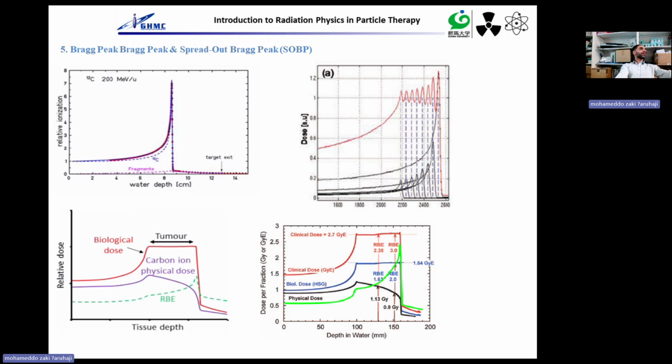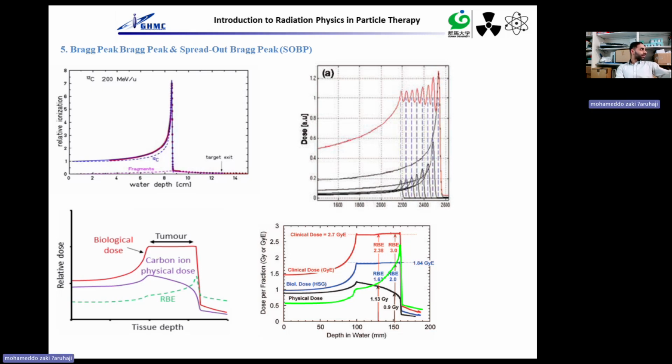But the relationship with the stopping power is not to determine the dose. It is to find out the energy, and then this energy is responsible for depositing this amount of dose.